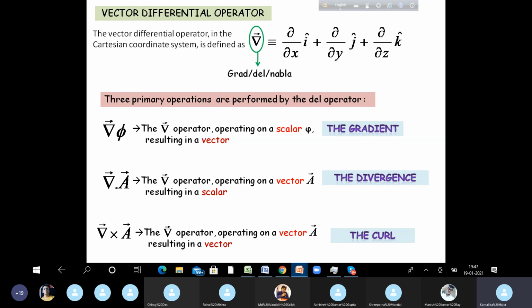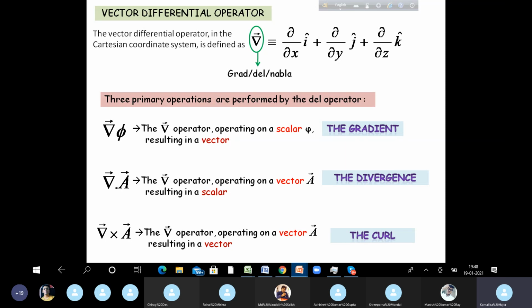However, I will discuss each of these, the gradient, the divergence, and the curl one by one, because apart from the mathematics, you also need to know a little bit about what it physically means when a vector differential operator converts a scalar into a vector.